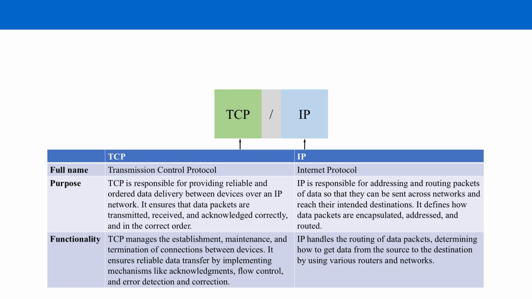For IP, it's mainly for handling the routing of the data packets. It also determines how to get the data from the source to the destination. In other words, when packets transfer from one device to another in different networks, we use the IP to locate the destination device.